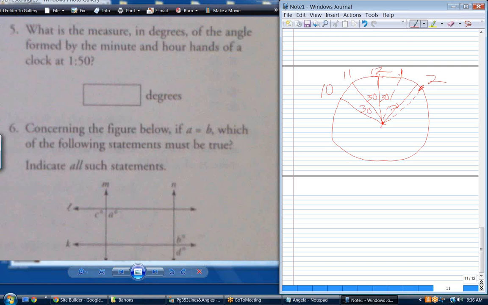What part of 30 is it? I'm going to say about 20. Well, we can't approximate because we have to put a precise answer down here. If the big hand is at 10, then how far has the little hand moved from 1 to 2, what fractional part, as the big hand is on 10?